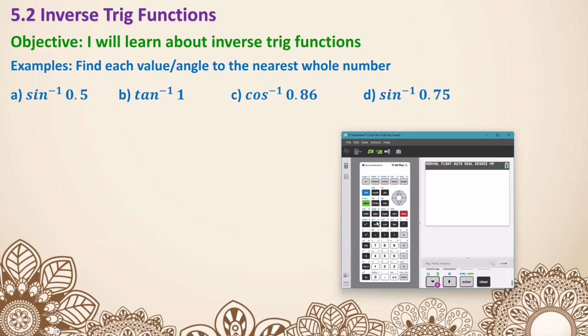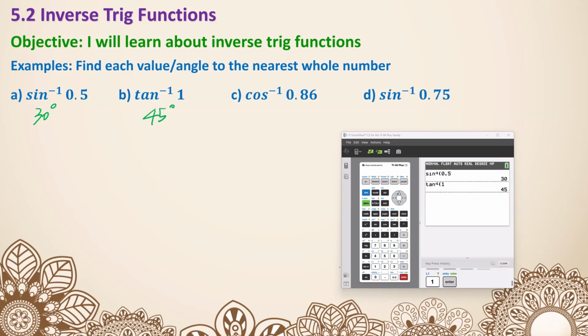Okay, inverse sine, so that means you're going to need to click second, then sine 0.5. And that is going to be 30 degrees. Because we're actually getting angles, don't forget to write the degree symbol. Okay, next, inverse tangent of 1, so second tangent of 1. And that would be 45 degrees.